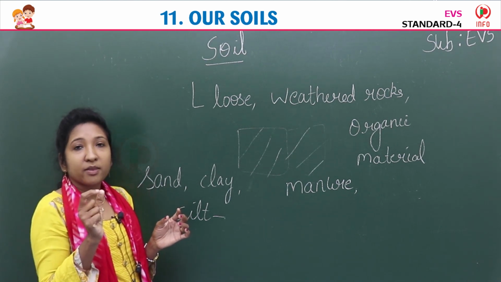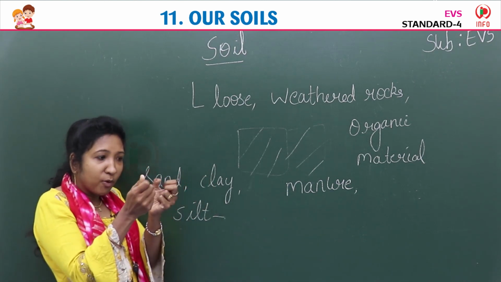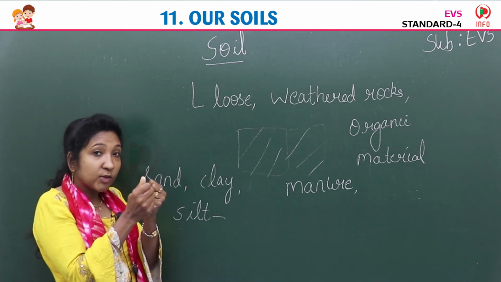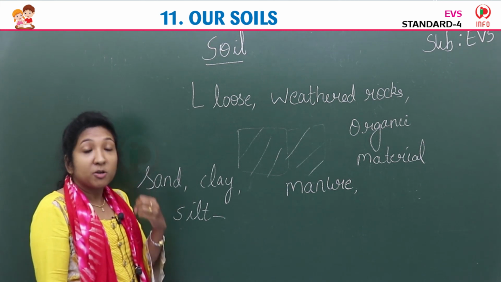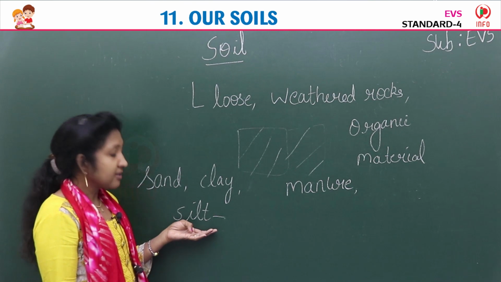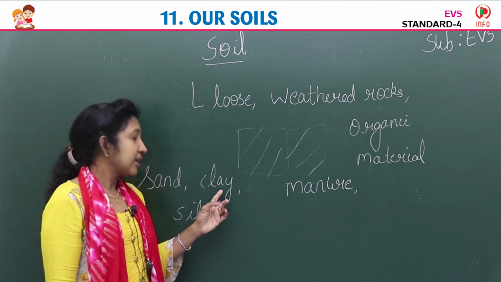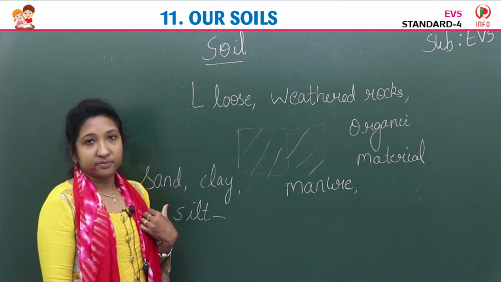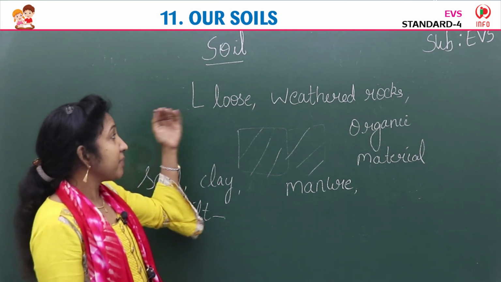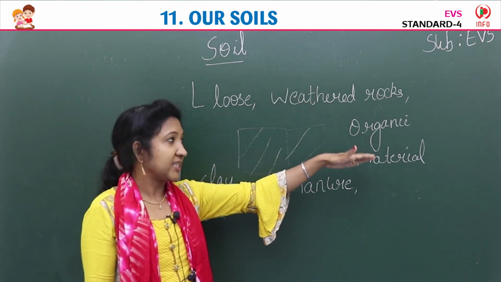Silt holds more water. That's why it is best for cultivating crops. The soil consists of sand, clay and silt. So soil is made up of loose, weathered rocks and organic material.